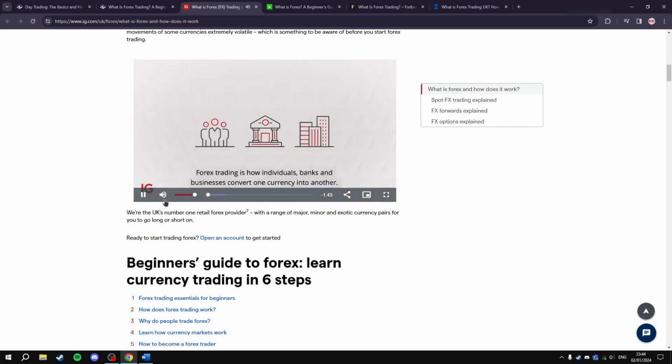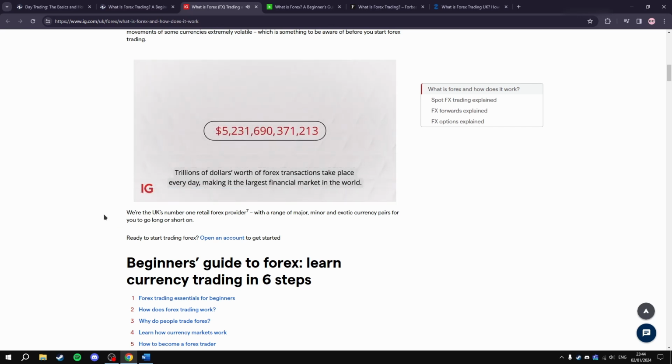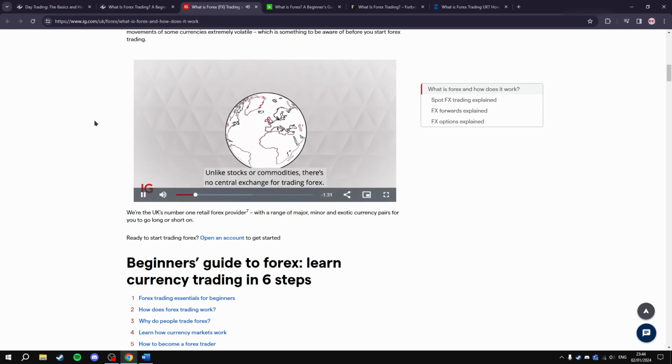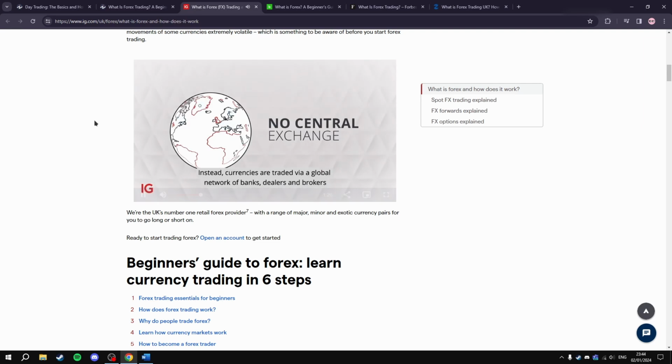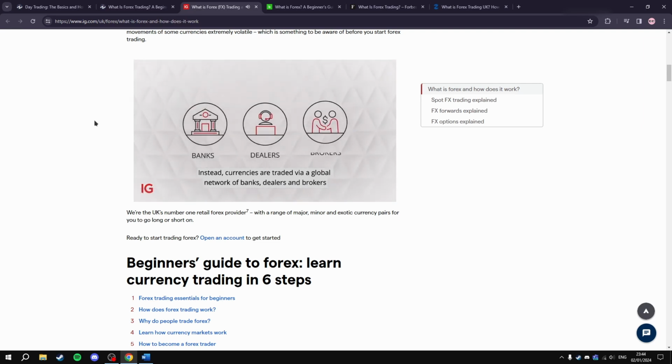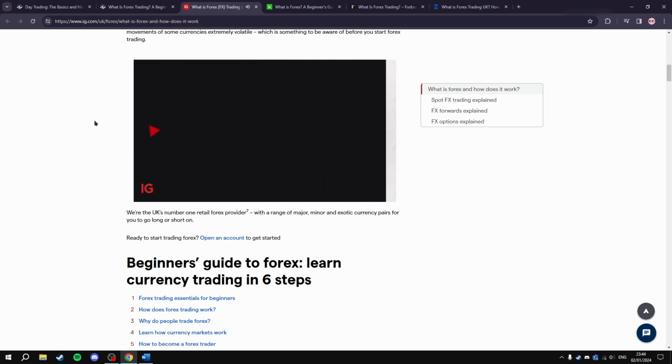Forex trading is how individuals, banks and businesses convert one currency into another. Trillions of dollars worth of Forex transactions take place every day, making it the largest financial market in the world. Unlike stocks or commodities, there's no central exchange for trading Forex. Instead, currencies are traded via a global network of banks, dealers and brokers, which means retail traders can trade Forex day or night, Monday to Friday.